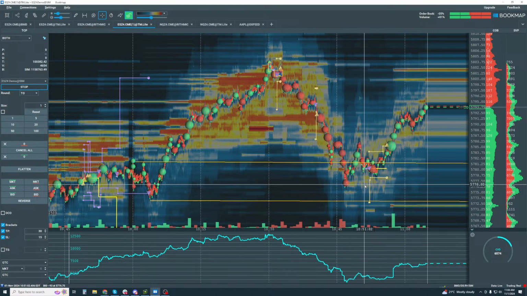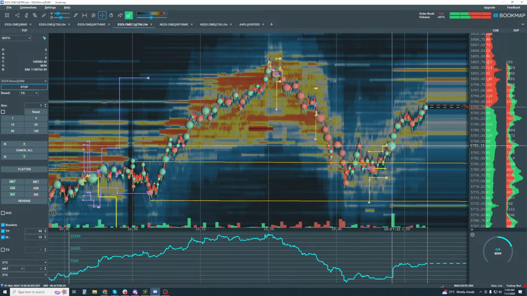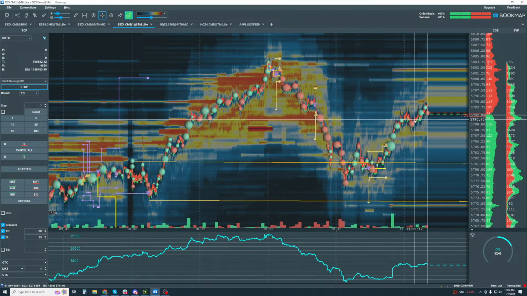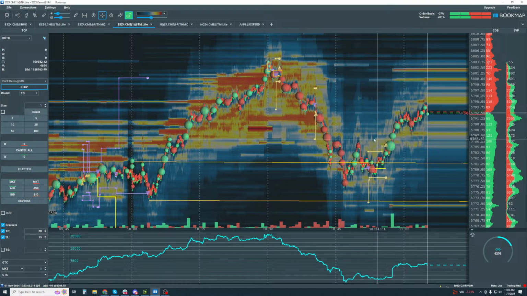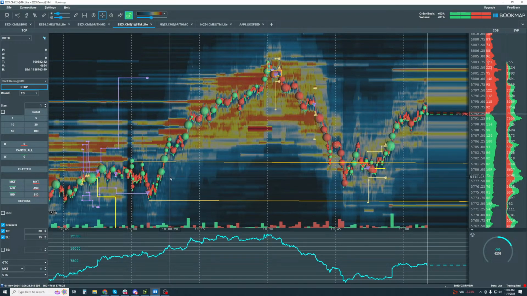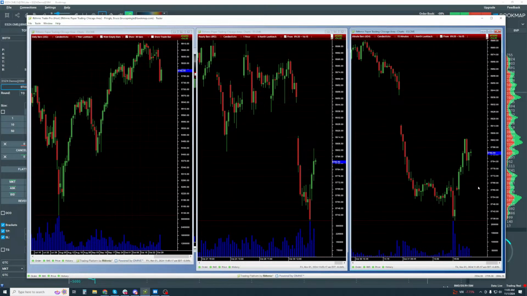No problem. And well, it didn't work out that way. It got upended, and we got out up here, and price continued. All right, so that's that. This zone in here in the order flow, it's okay. I like it, but I don't see anything in here on this 15-minute chart to give me that insight.